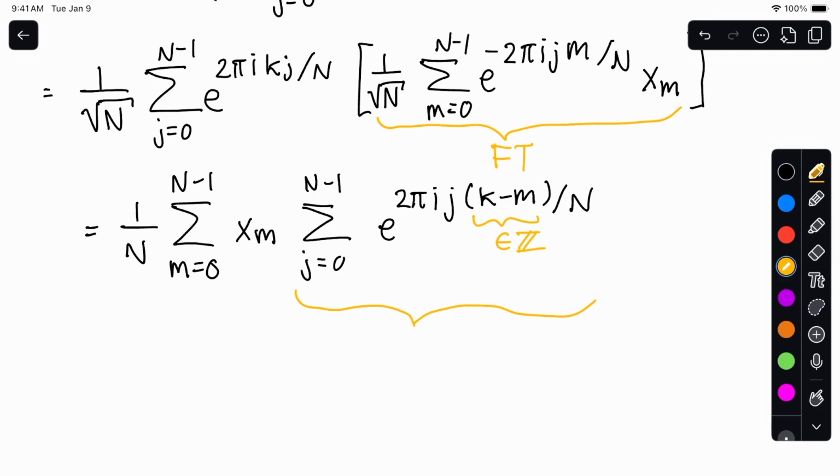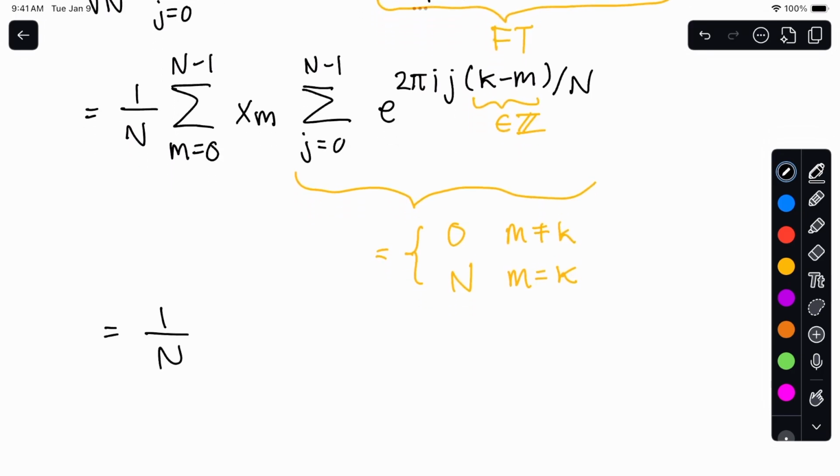So if k equals m, then k minus m is 0 and e to the 0 is 1, and that sum would then equal n. So basically this whole term is going to equal 0 if m is not equal to k, and n if m is equal to k.